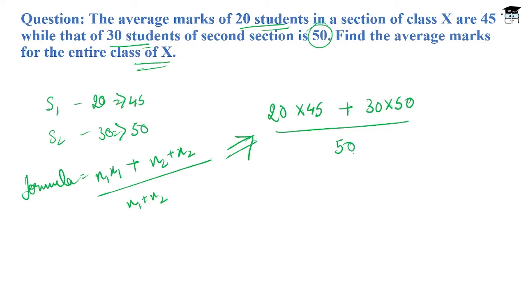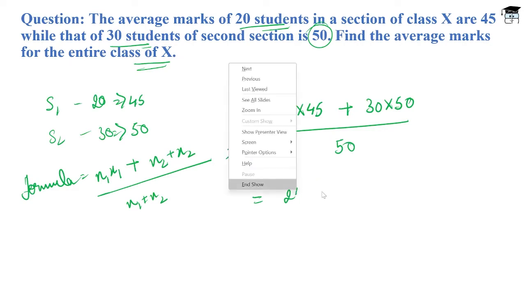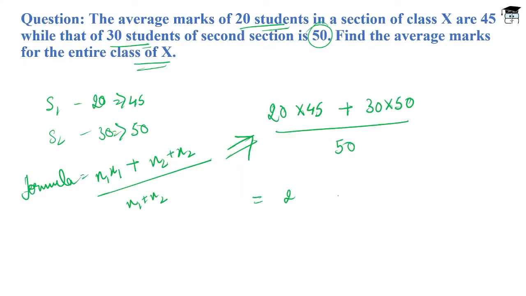So this is how we solve this. Just pause the video, calculate it. You'll get the answer as 2400 divided by 50, which would be equal to 48. So 48 is your answer. The average marks of the entire class is 48.